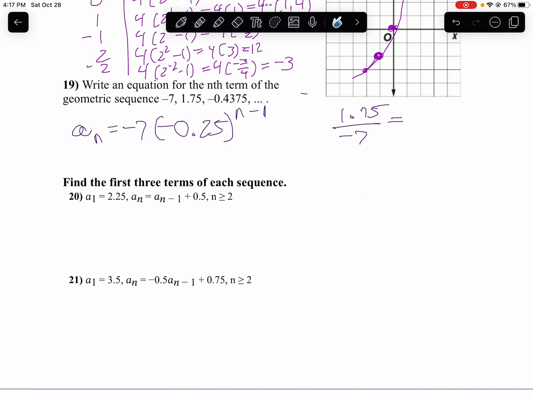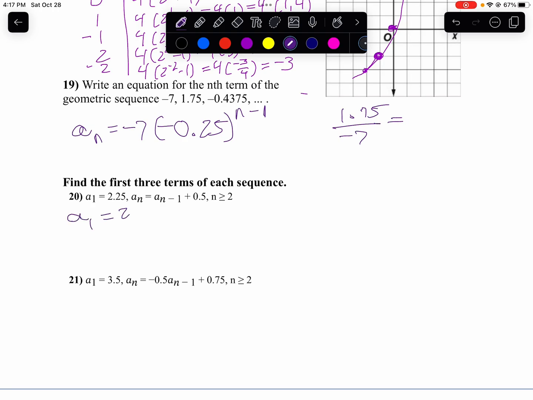Let's take a look at number 20. I'm going to write the first 3 terms of the sequence. Well, I can definitely see my first term is going to be 2.25. And then to find my second term, I'm just going to add 0.5. So I take my first term, add 0.5 to that, and I'll get 2.75.